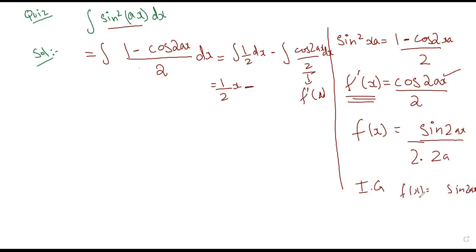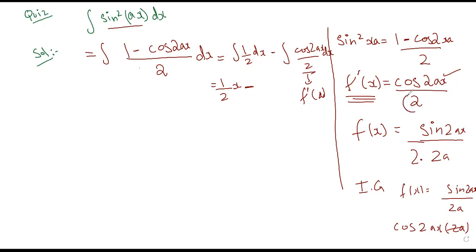Now, if you would have had f of x as sine 2ax, the derivative of sine 2ax is cos 2ax multiplied by 2a. But in our case, we do not have any 2a here. This means that we would be having a 2a in the denominator, because now if I differentiate it, I would only have cos 2ax. This 2a would be cancelled by this 2a. Is it clear?